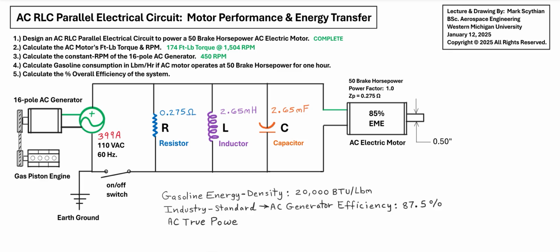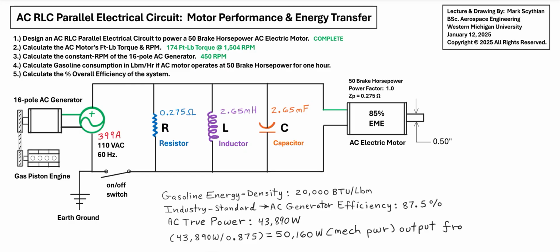And then our AC true power as calculated, 43,890 watts. We can divide that by the AC generator efficiency. And so then the piston engine has an output mechanical power driving the AC generator of 50,160 watts of mechanical power output from the piston engine driving the generator.